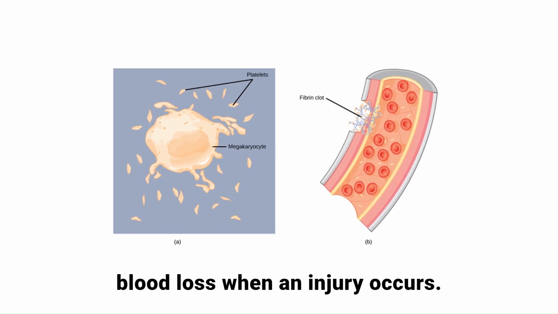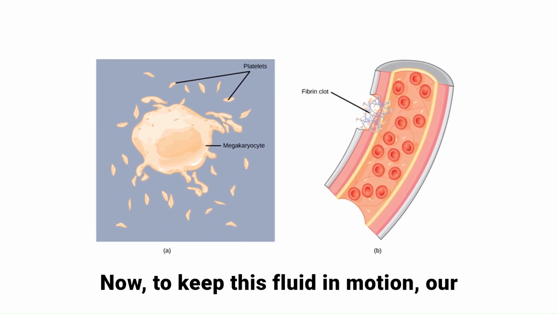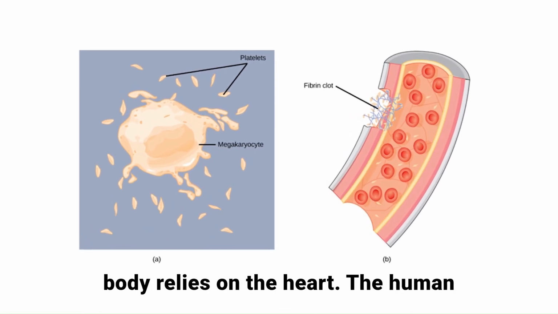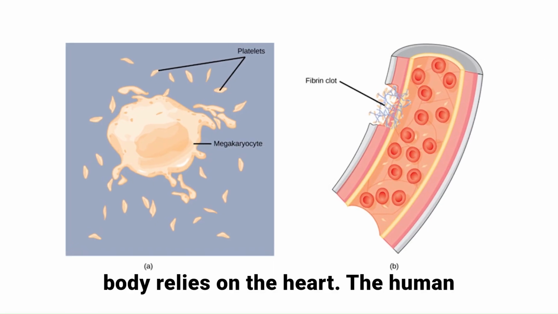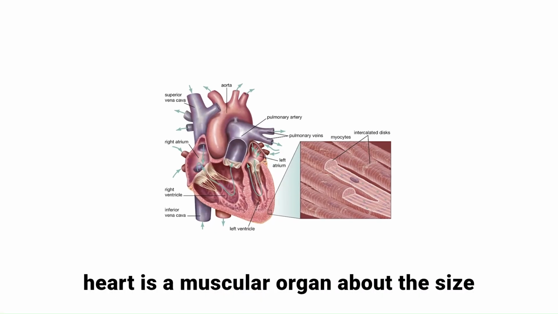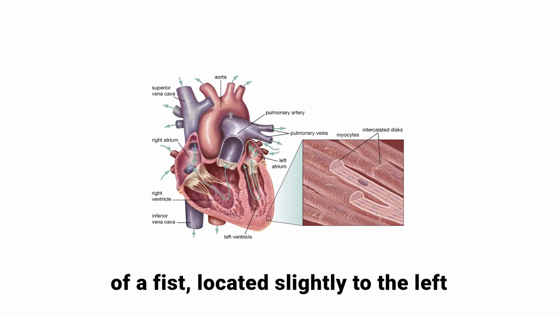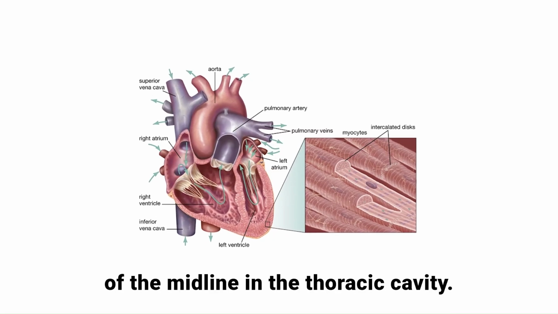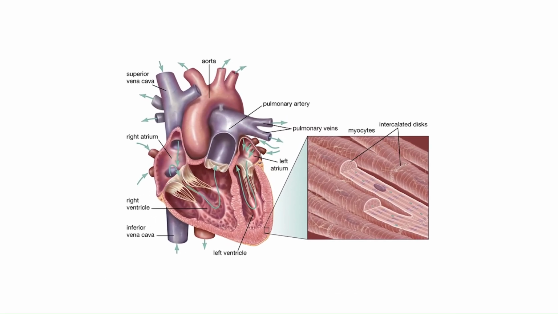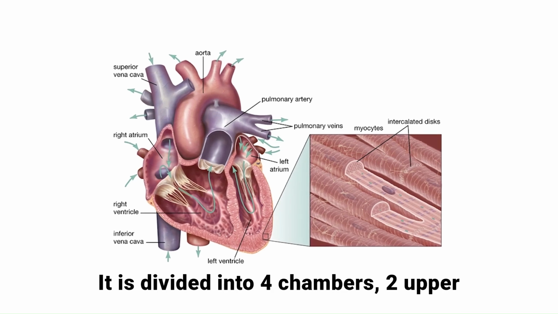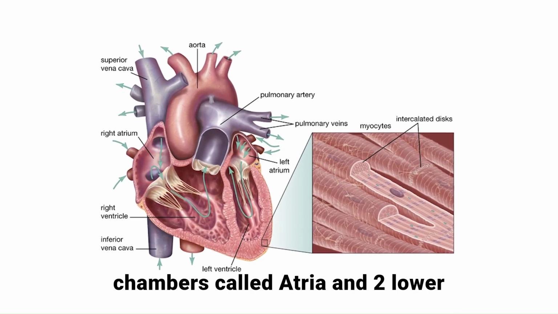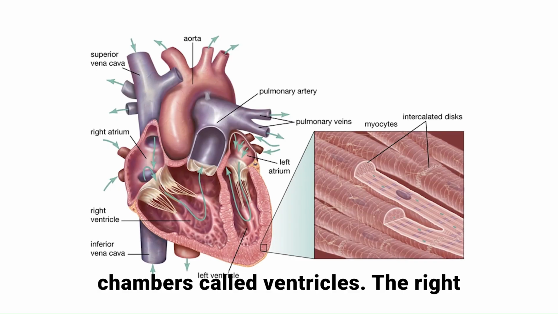Now, to keep this fluid in motion, our body relies on the heart. The human heart is a muscular organ, about the size of a fist, located slightly to the left of the midline in the thoracic cavity. It is divided into 4 chambers: 2 upper chambers called atria and 2 lower chambers called ventricles.